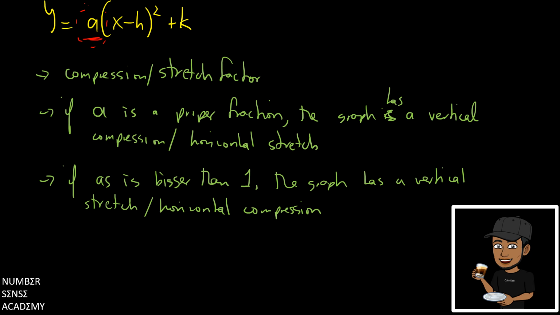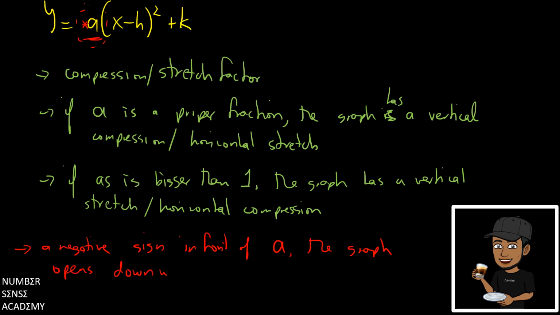And then the last thing is the sign in front of A. So there could be a sign right here. Okay, in this case it's positive, but if the sign is negative in front of A, then that means the graph opens downward.